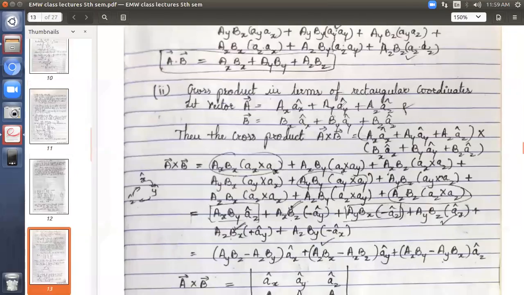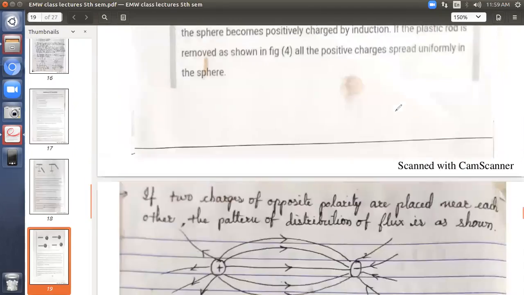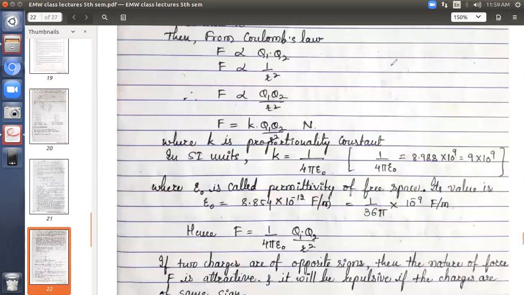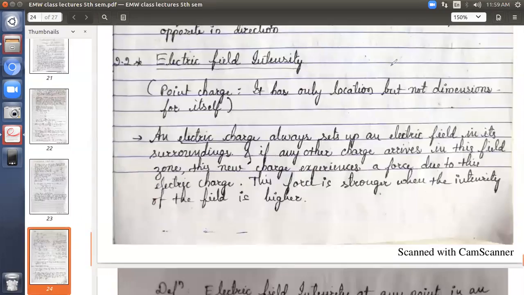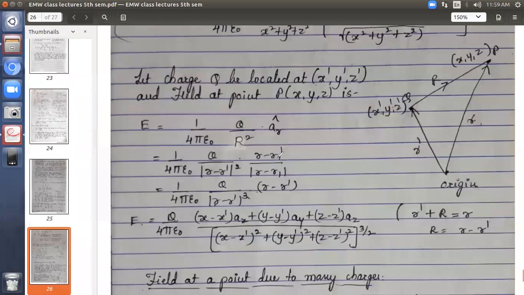Coming to your electric field intensity position vectors, let's see how we have found the unit vectors. If you find these two position vectors using the distance formula, you will get this.